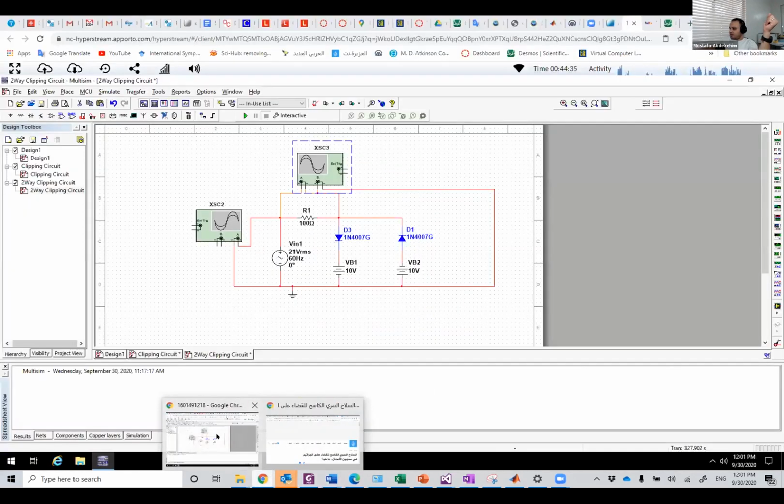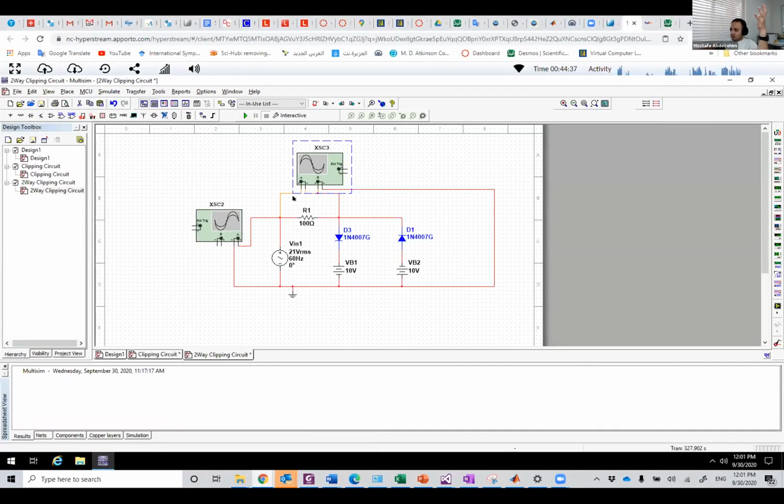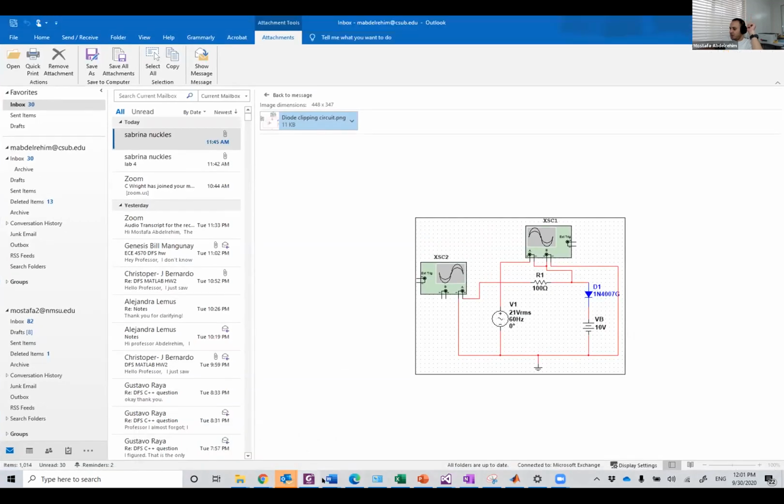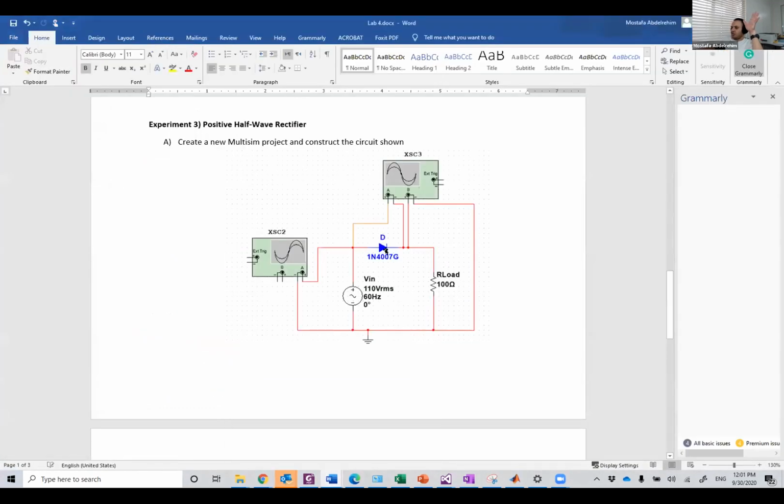Copy and paste and then remove some stuff that you don't need, and keep only one diode and the resistor. Change the resistor to 100 ohm and make it at the output. Make the input 110 V, just like the outlet in your home, with 60 hertz.